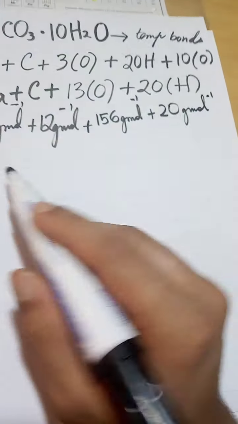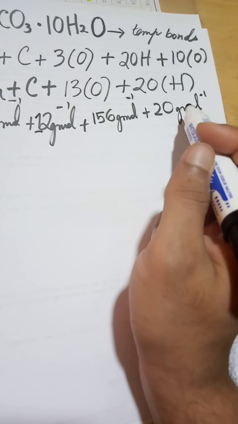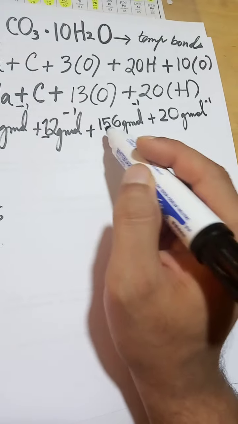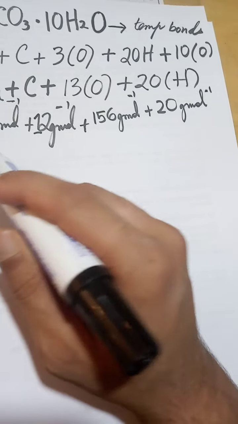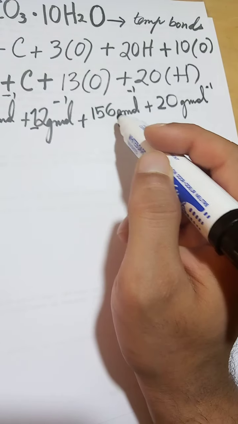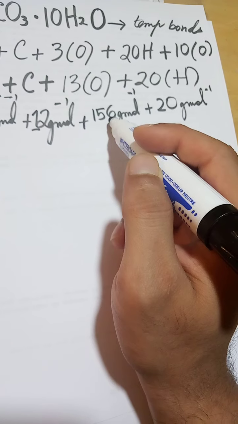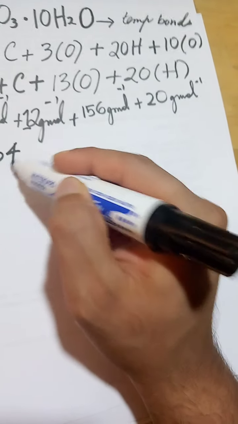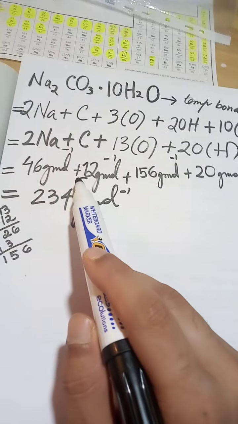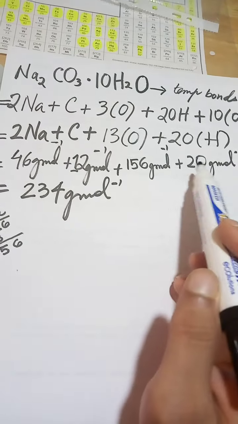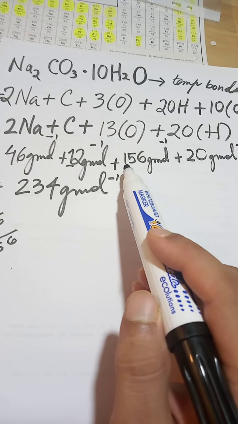So 46 and 12 is 58, 58 and 20 is 78, 78 and 156 is 234.